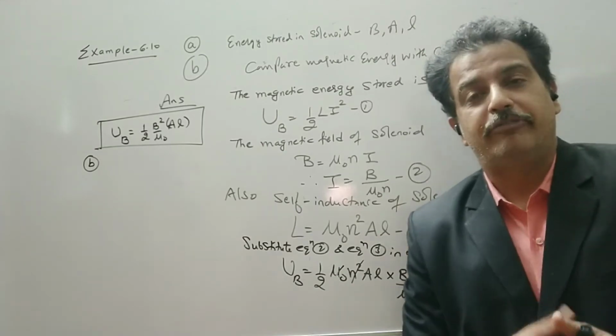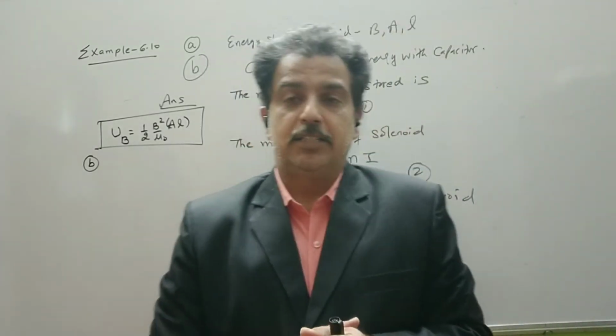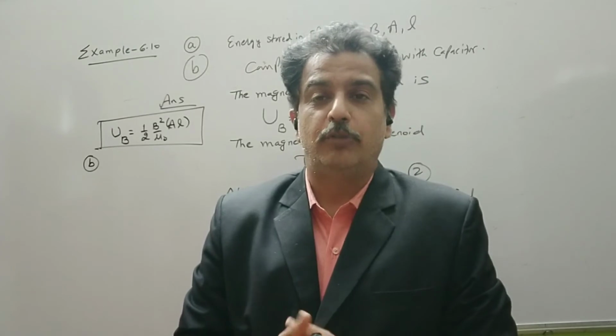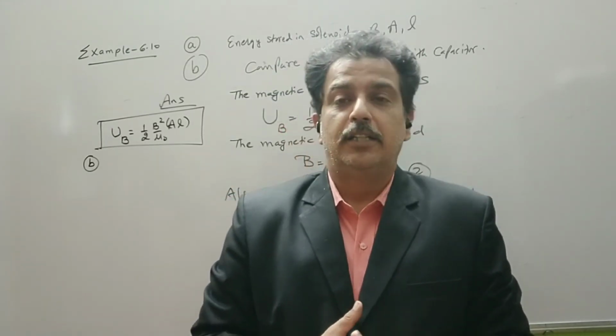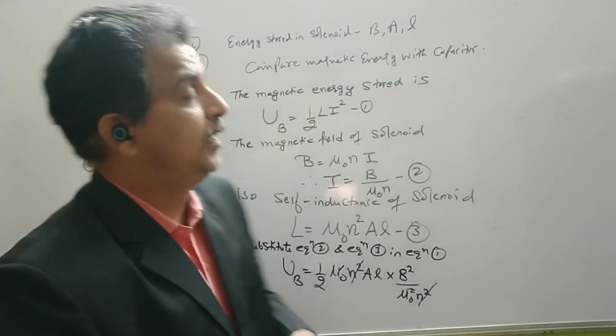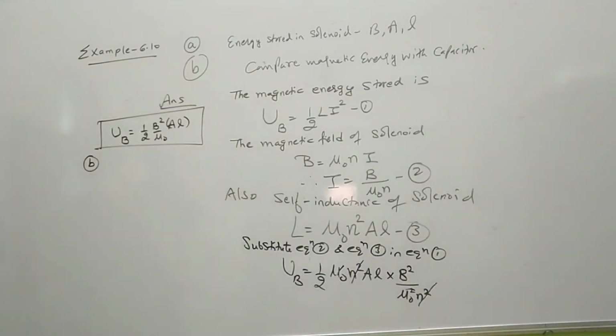We have also defined the energy per unit volume, which was known as the electric energy density or magnetic energy density.